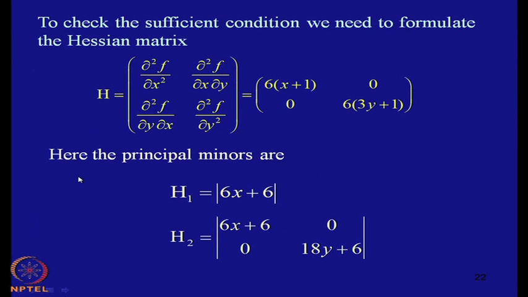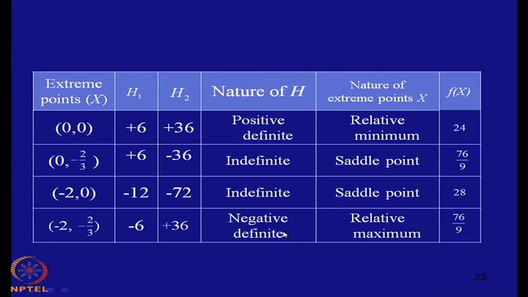Go to the next extreme point, (0, -2/3). Going back to the Hessian matrix, the first principal minor is 6, and the second principal minor is -36.